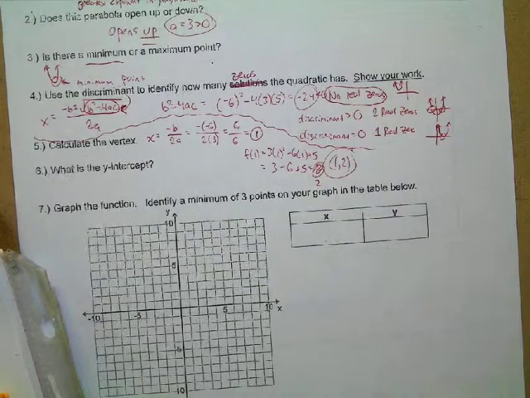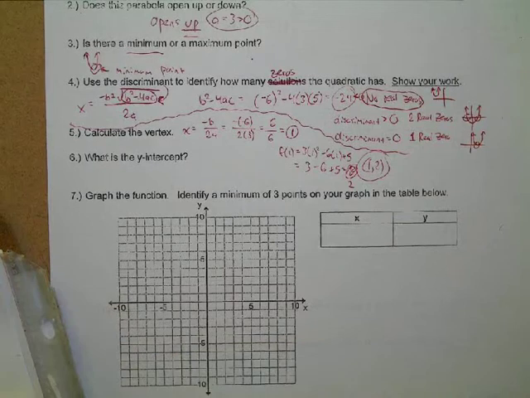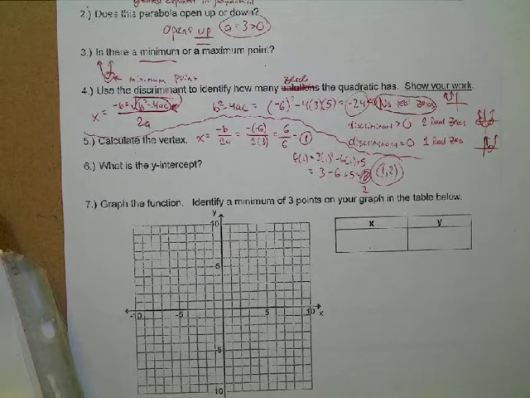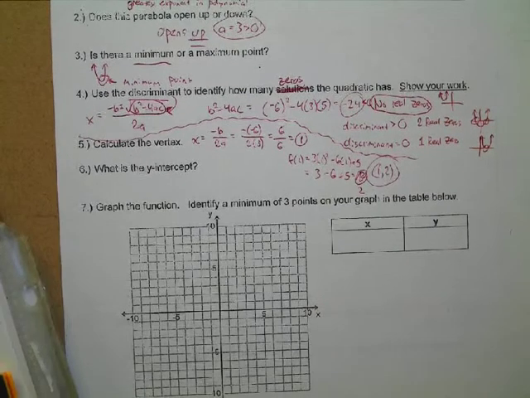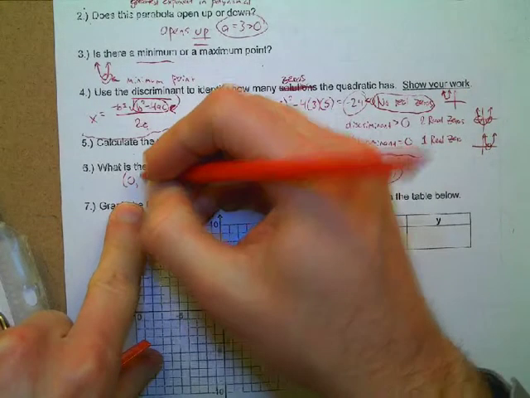Okay. What is the y-intercept? How do we find the y-intercept? What do we know about the y-intercept? It's where the graph does what? Crosses the y-axis. So if we're on the y-axis, that means we have an x-coordinate of 0. And we just got to find the matching y-coordinate.